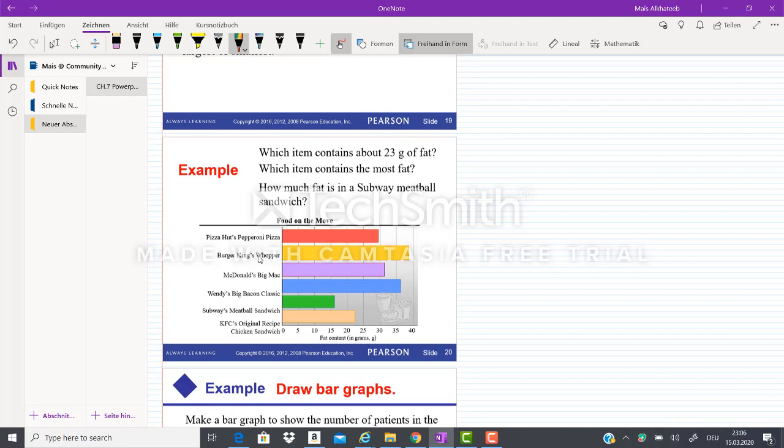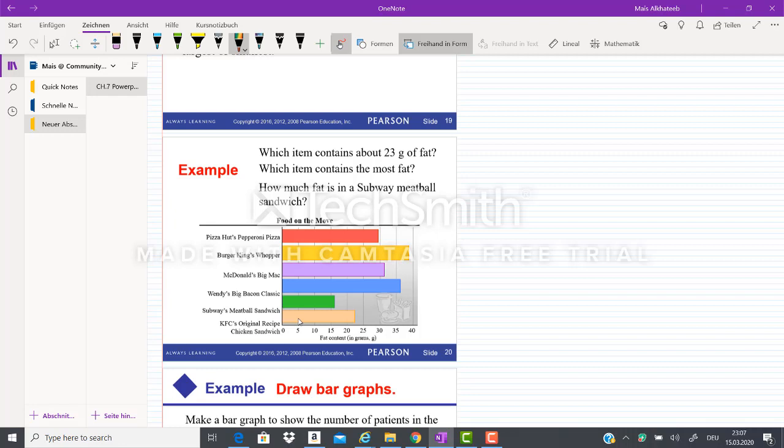Now I have this bar graph. We have to be healthy, so I want to explain to you how much fat is in the food, in different types of fast food.